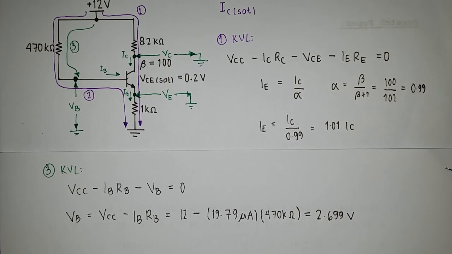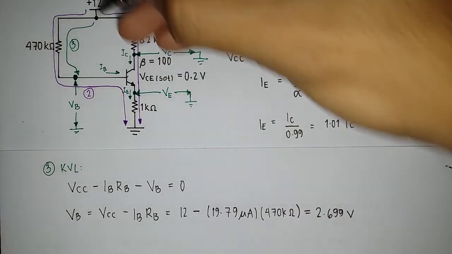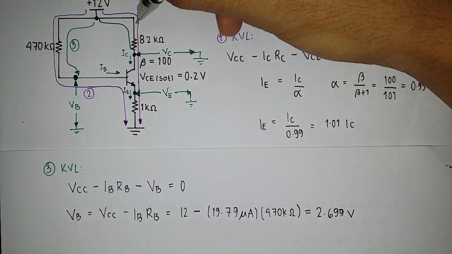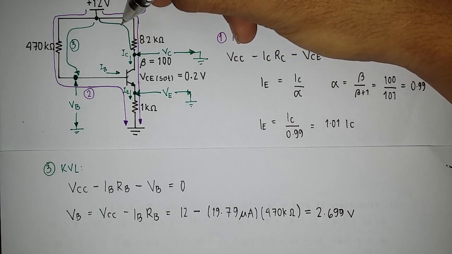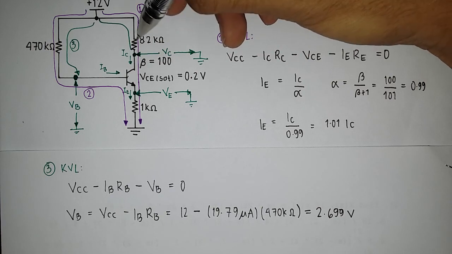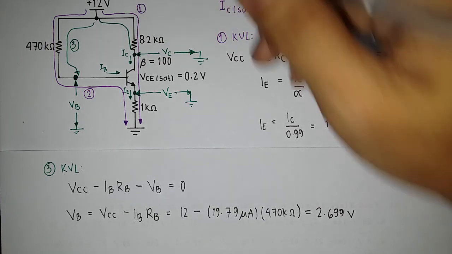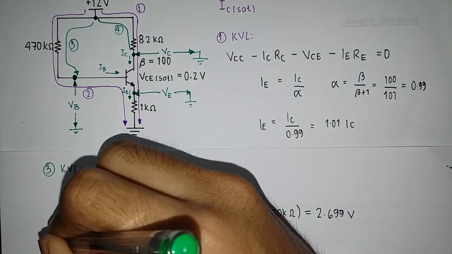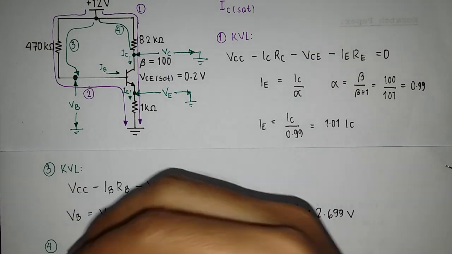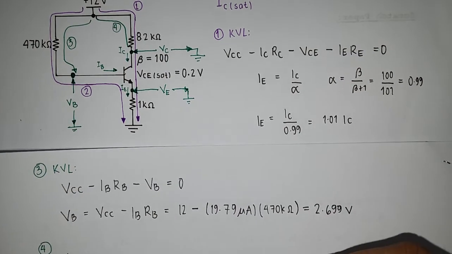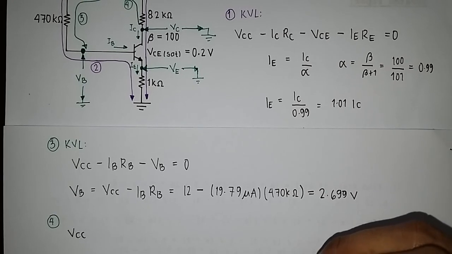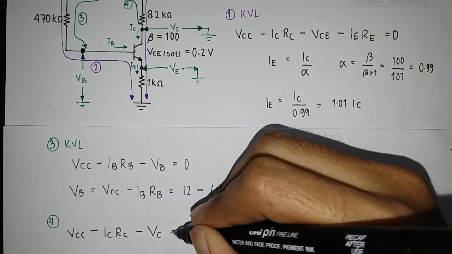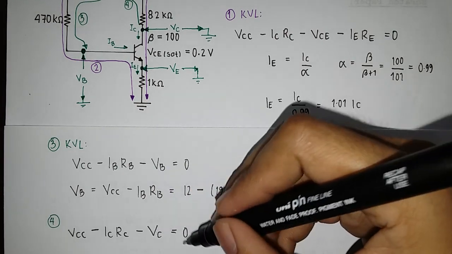Okay, to solve for VC or the collector voltage, magluloop naman tayo ngayon from VCC to the collector. Magluloop tayo from VCC to the voltage drop to the voltage of collector down to the ground. Tatawagin natin siyang loop number 4. So, sa loop number 4, KVL again, VCC minus ICRC minus VC is equal to 0. And transpose lang natin si VC.